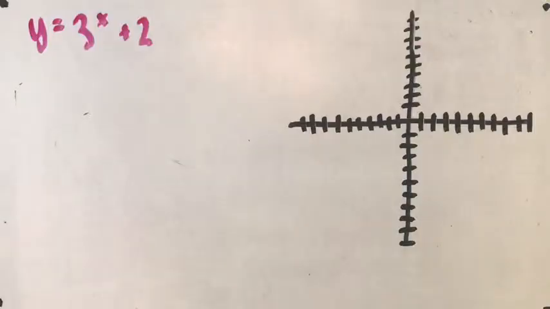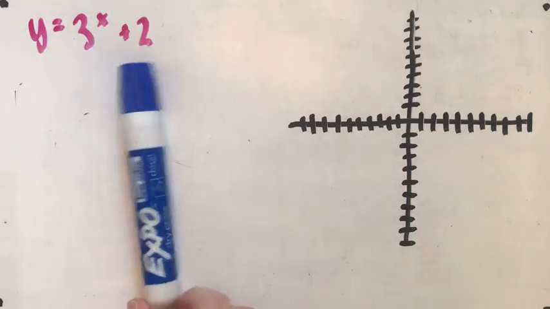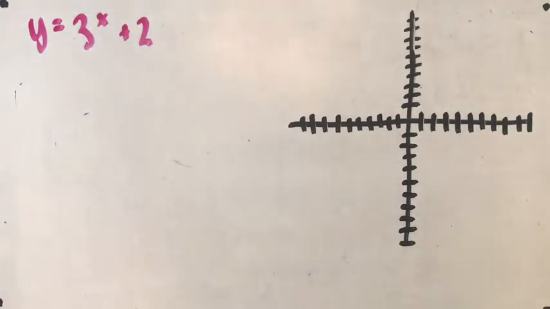transformations. This function, y equals 3 to the x plus 2, is adding a new component, and that is different from the last function that we did, and it's that plus 2, which is where it is in the k value, which translates the graph up or down.